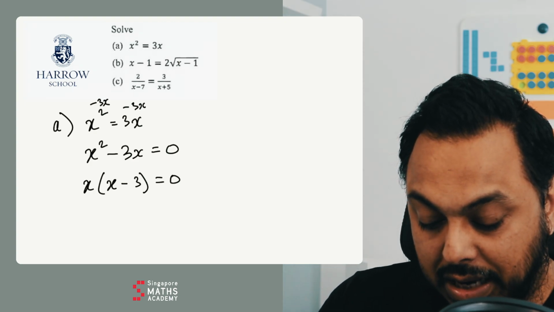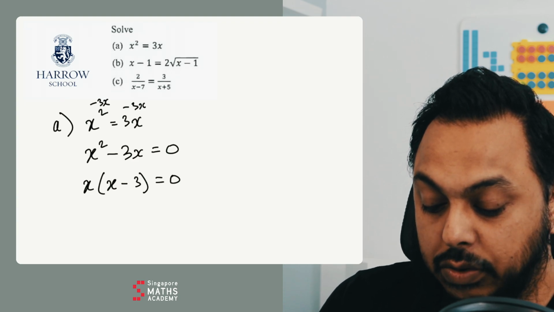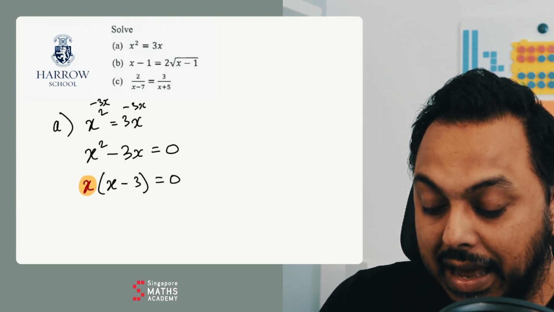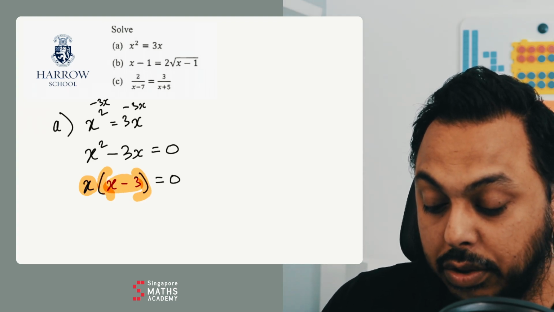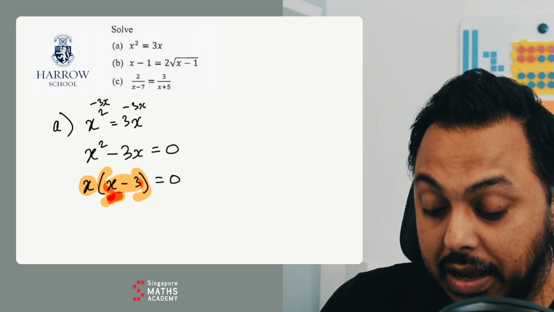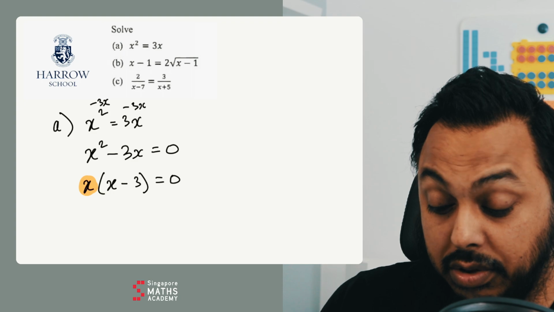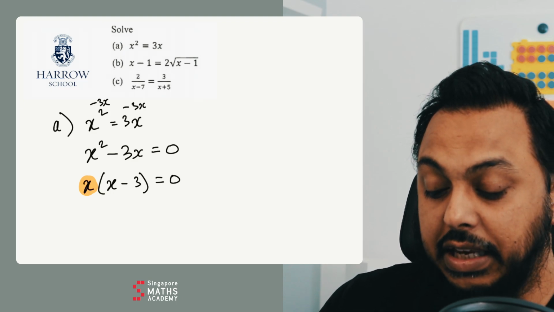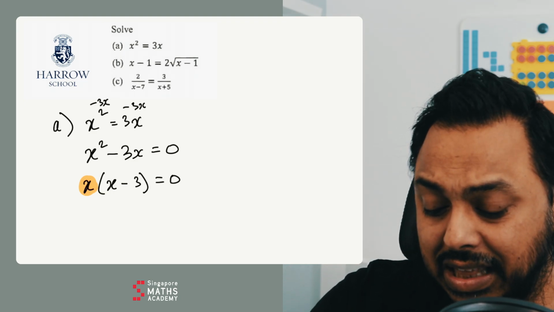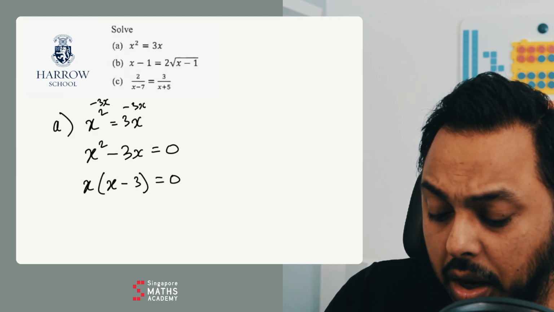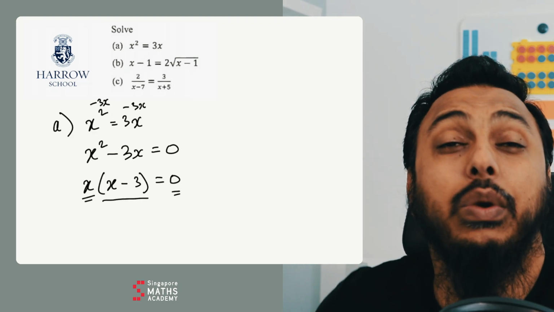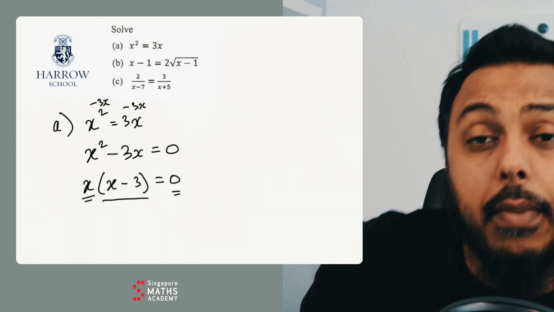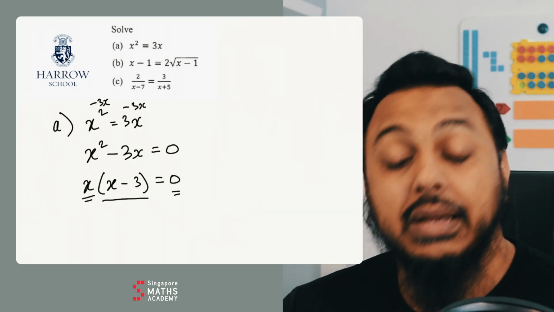It's saying that x, a number we don't know, multiplied by brackets x take away 3, which just means a number take away 3, is equal to 0. So the key thing is that we multiply this by this and we get 0. X multiplied by x take away 3 equals 0.